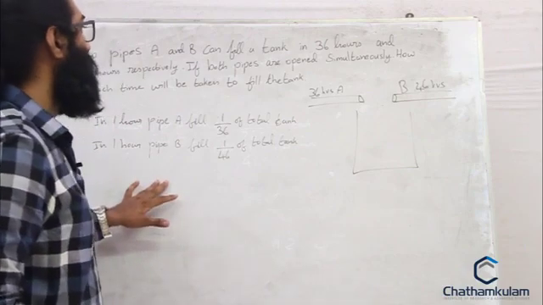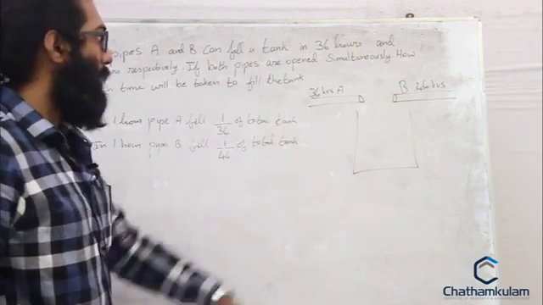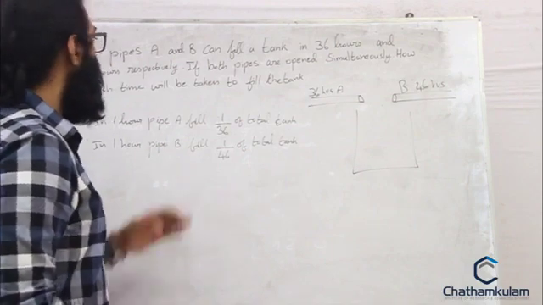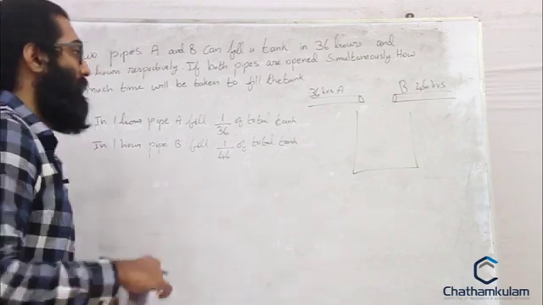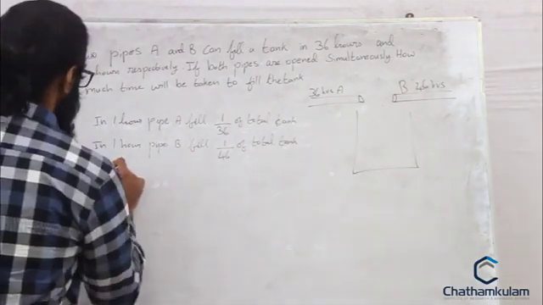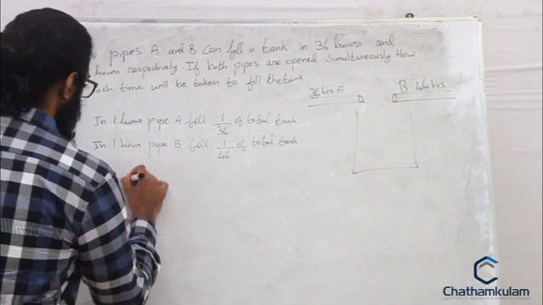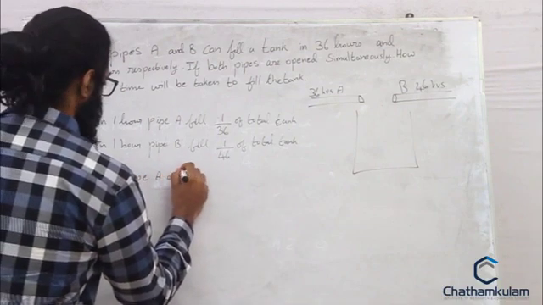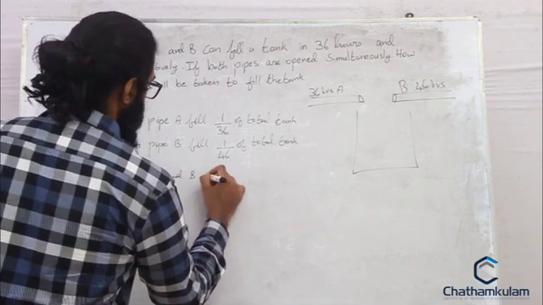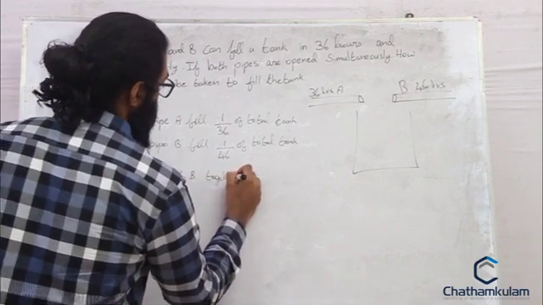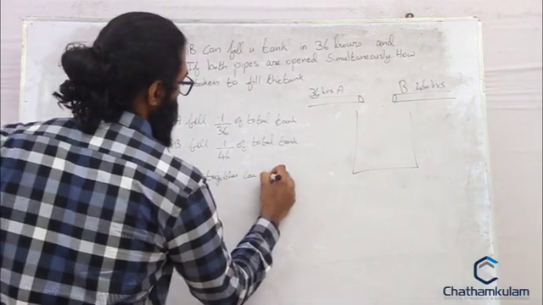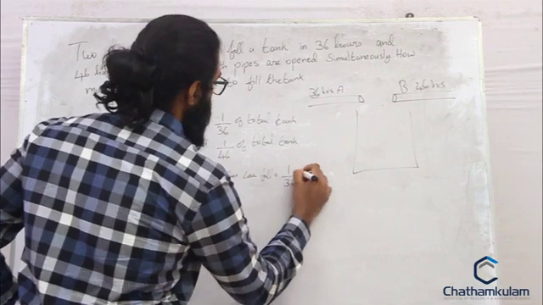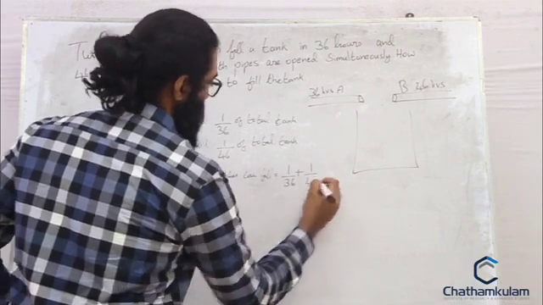The question asks, if both the pipes are opened simultaneously, how much time will be taken to fill the tank? So pipe A and B together can fill is equal to 1/36 plus 1/46.